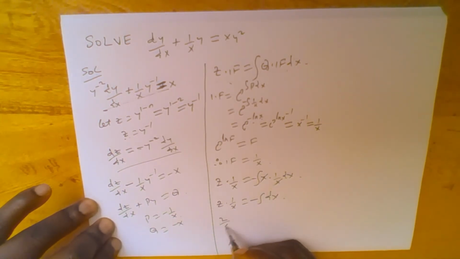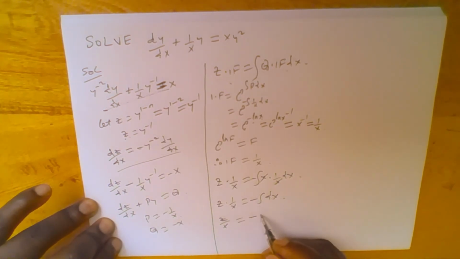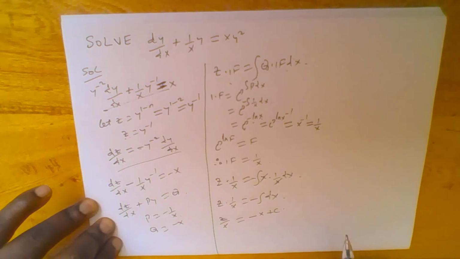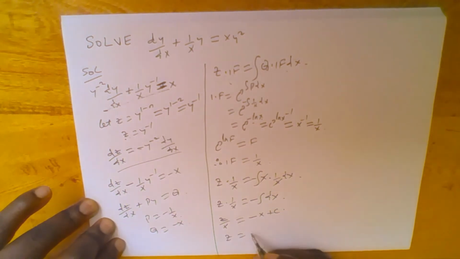So z over x will be equal to minus x plus a constant of integration. So z equals, you multiply both sides by x, so it will be equal to cx minus x squared.